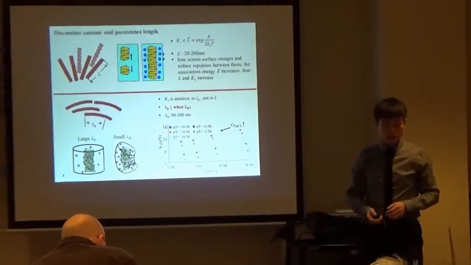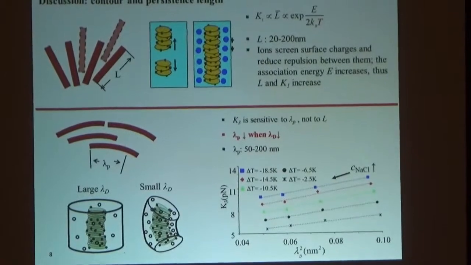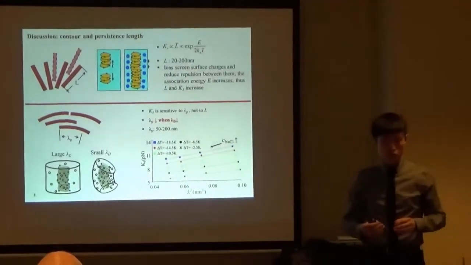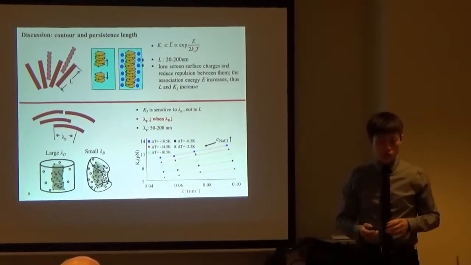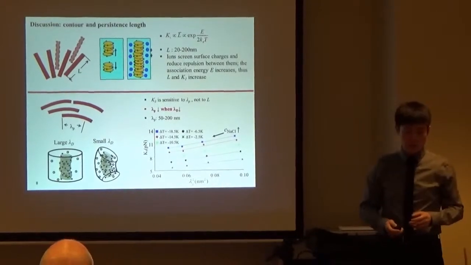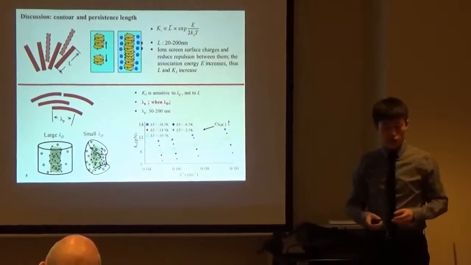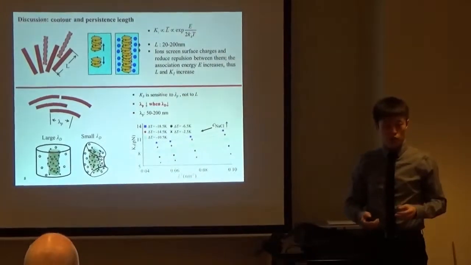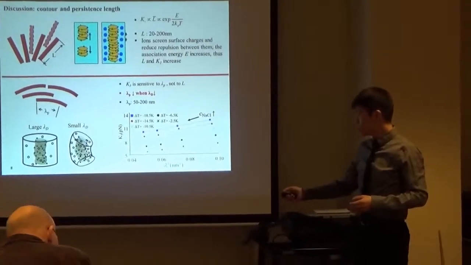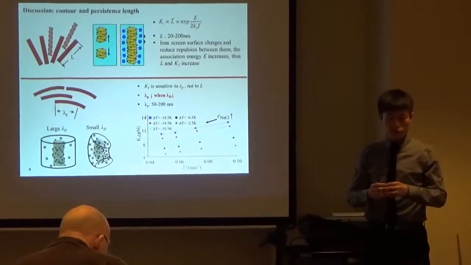But the K3 value associated with the bend deformation is a different story. The bend deformation is not restricted by the length of the aggregates as long as these aggregates are flexible. So a determining parameter here instead of the length is the persistence length. When you add salt, for example, sodium chloride, into the system to screen the surface repulsion, it becomes easier for the aggregates to bend.